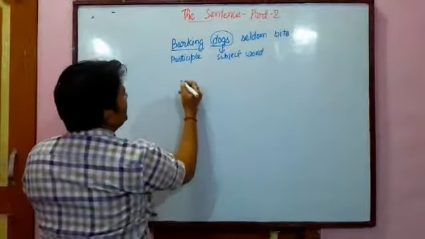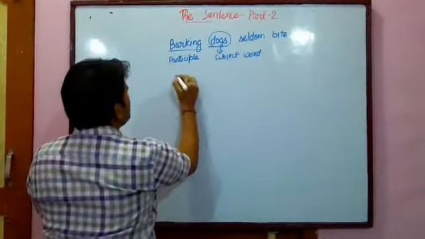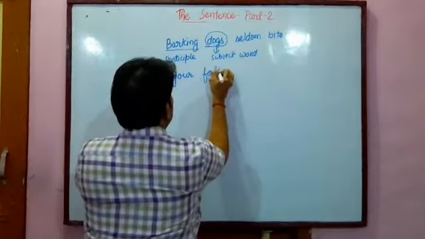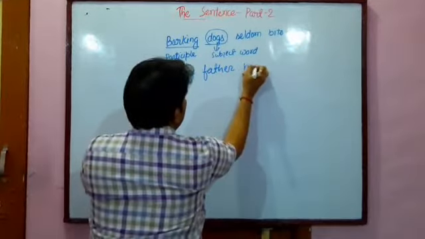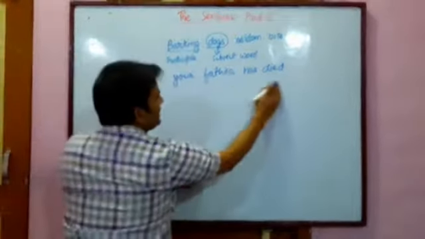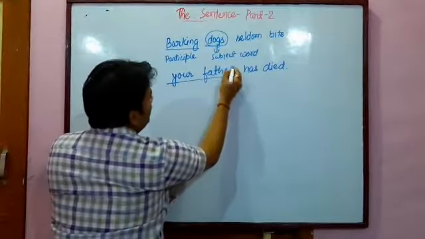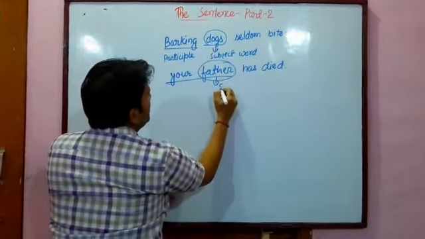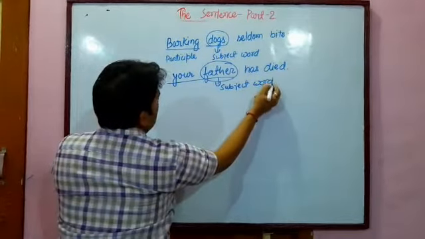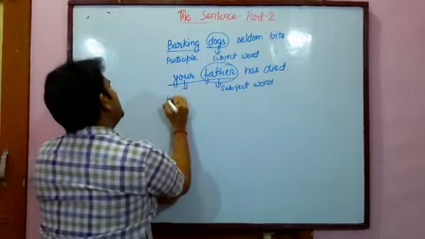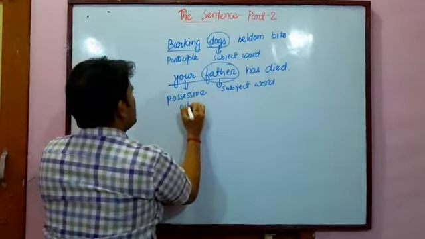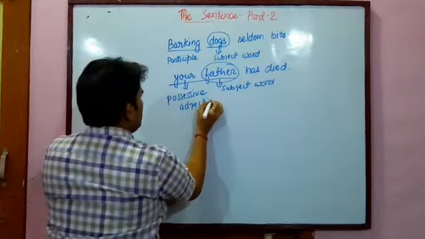Now the second sentence is: Your father has died. In this sentence, father is the main word. It is the subject word, and your is a possessive adjective.